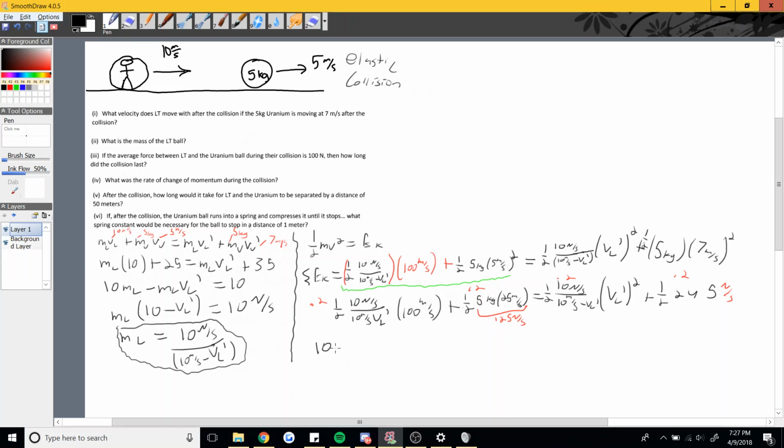We're going to go 10 newtons. My handwriting doesn't help either. 10 meters per second velocity L, times 100, which is going to be 1,000 over 10 minus v. Oh, these are all minuses right here, right?